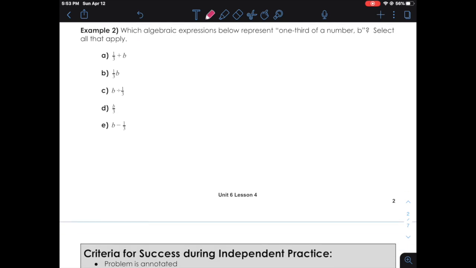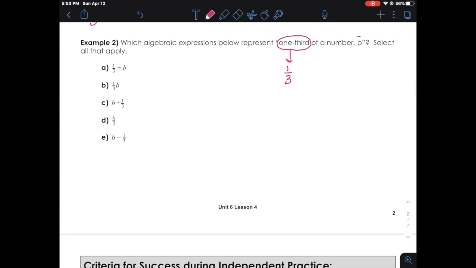All right, example number 2. Which algebraic expression below represents 1/3 of a number b? Okay, so let's break this down. 1/3, that's a fraction. We have the letter b, which is going to be our variable.